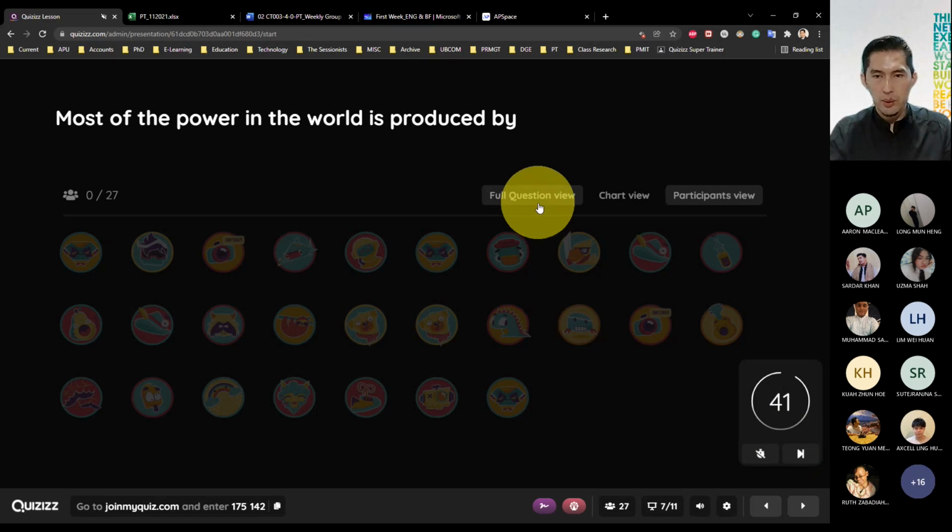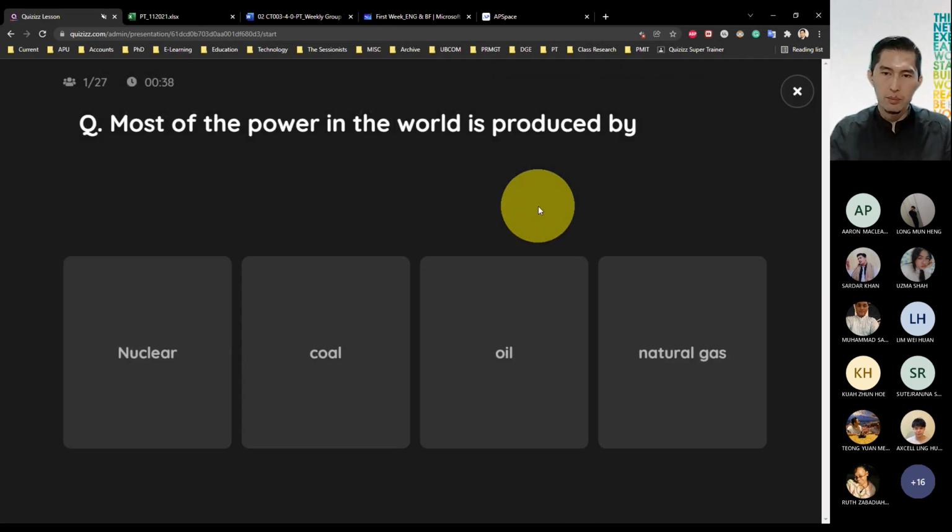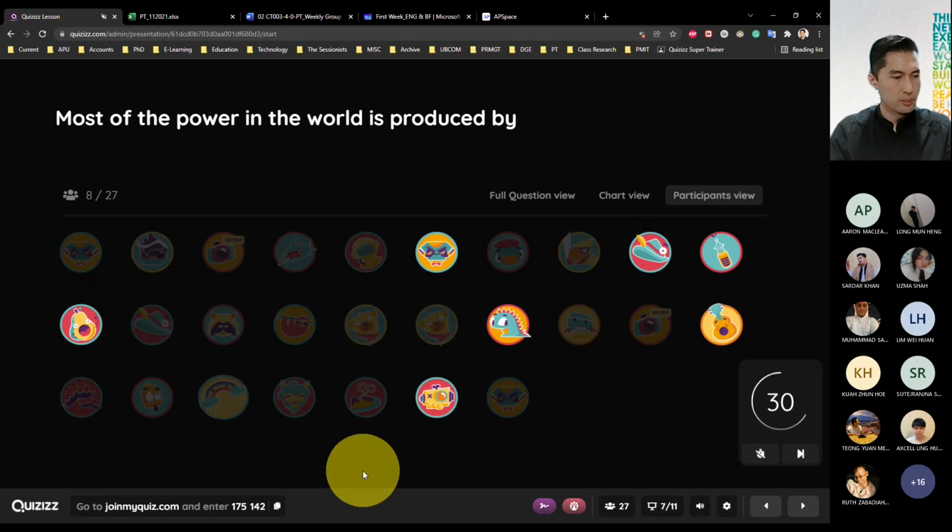So most of the power in the world is produced by, which I have probably just revealed. But looking into a particular area here.